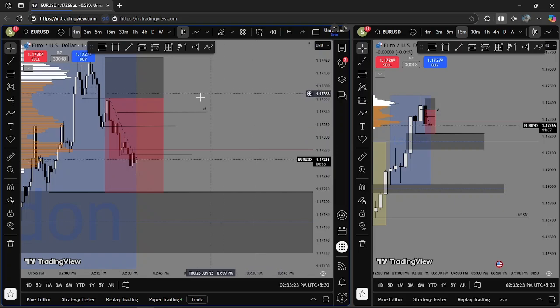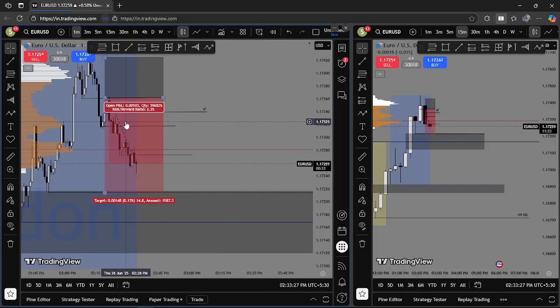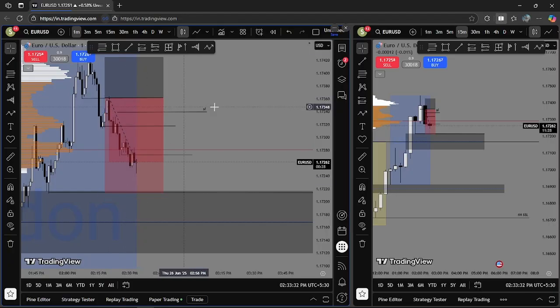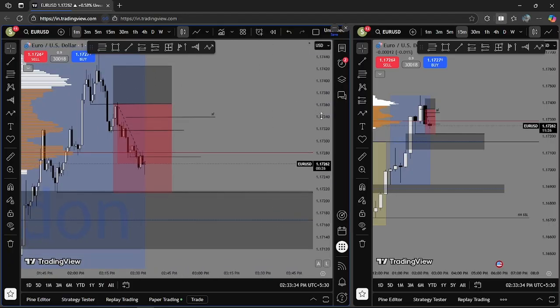These order block levels are also the levels where you can put on size if you have enough space to trade in between the levels. So let's see.